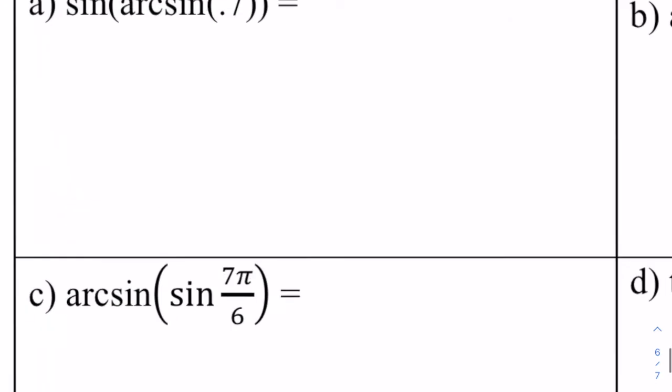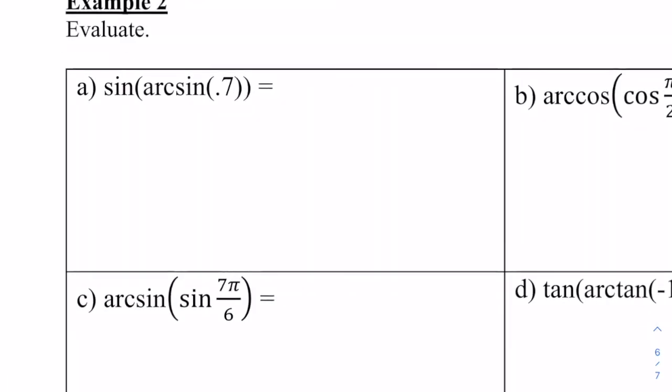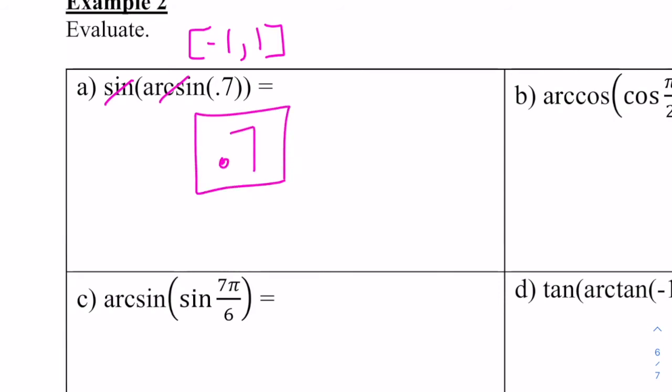Okay, let's find and evaluate these problems. So for each of these, I'm going to make sure that we double check with the domain and the range whenever appropriate. So arc sine, remember this domain needs to be restricted from -1 to 1. So that 0.7 is definitely between -1 and 1. Sine and arc sine will cancel each other out, so that equals 0.7.